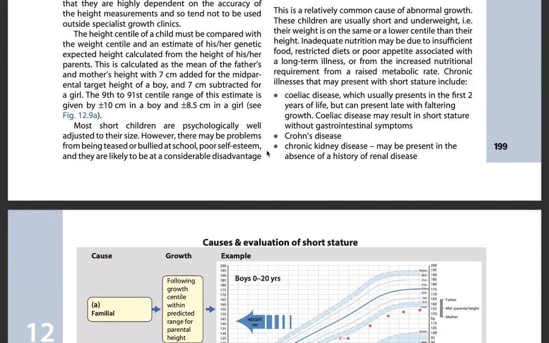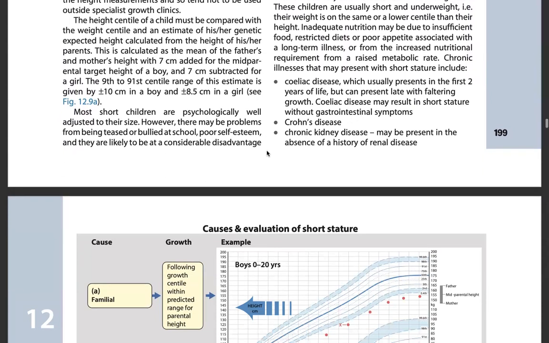This is calculated as the mean of father's and mother's height, with 7 centimeters added for the mid-parental target height of a boy and 7 centimeters subtracted for a girl. The 9th to 91st centile range of this estimate is given by plus or minus 10 centimeters in a boy and plus or minus 8.5 centimeters in a girl.